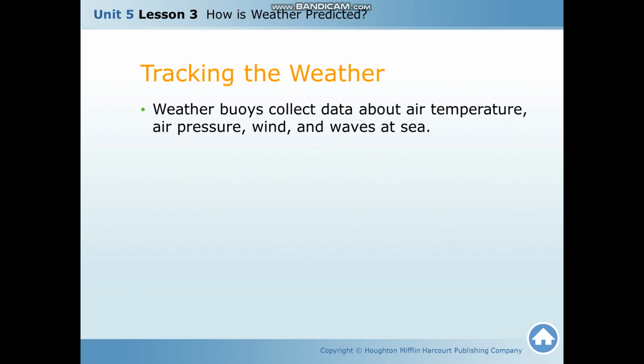Let's talk about the weather buoys. What does it do? It collects data about air temperature, air pressure, wind, and waves at sea. So most of it or all of it are elements of weather. Temperature is the measure of how hot or how cold something is.